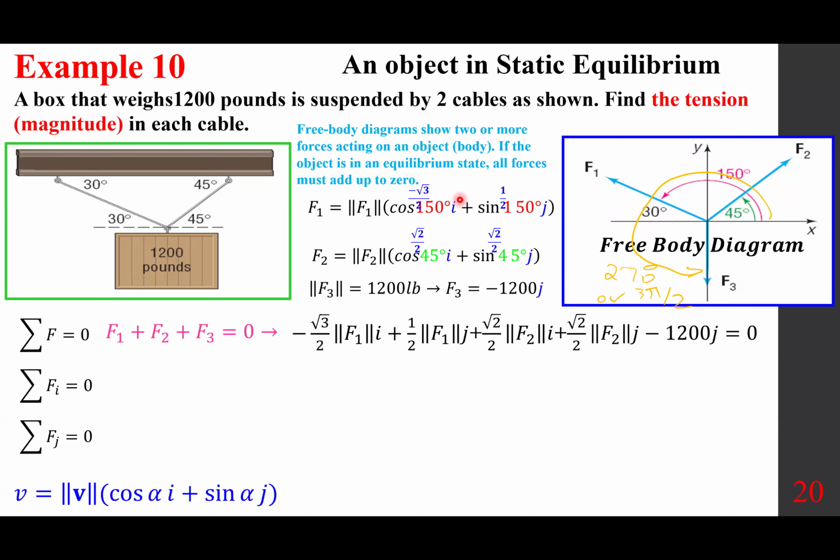So we add them up. This one is minus square root of 3 over 2 times f1 i, plus 1/2 f1 j. That's the first one.